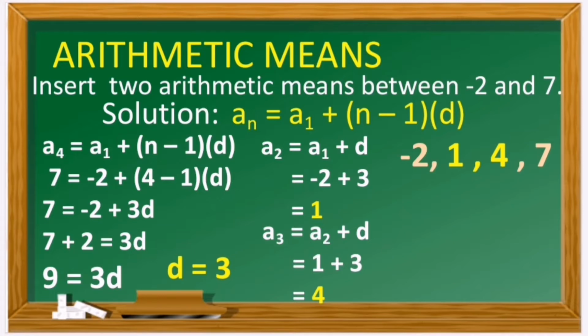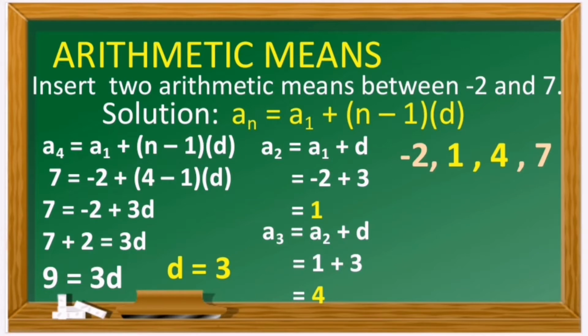When you transpose negative 2 to the other side, it will become 7 plus 2. Notice that the sign has changed from negative to positive. Equals 3d. 7 plus 2 gives you 9, and that is equal to 3d.